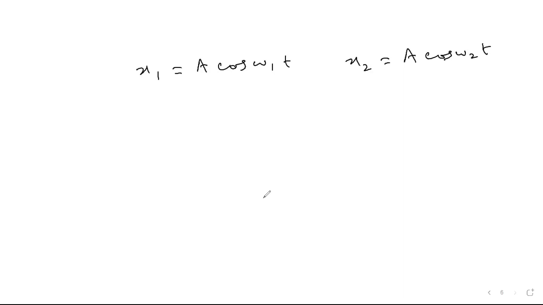So we are considering the addition of two SHMs with equal amplitude. The frequencies omega 1 and omega 2 are different, but the amplitude is the same, in order to understand the beating effect.